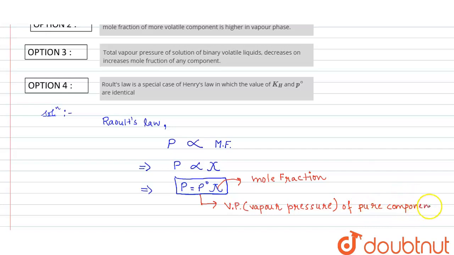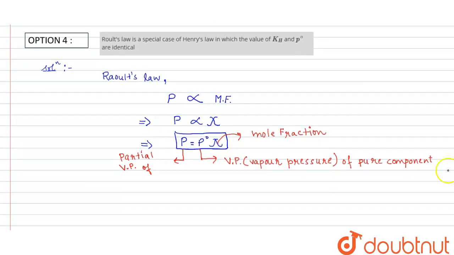And P, as we already mentioned, stands for the partial vapor pressure, the vapor pressure of the component in the solution.